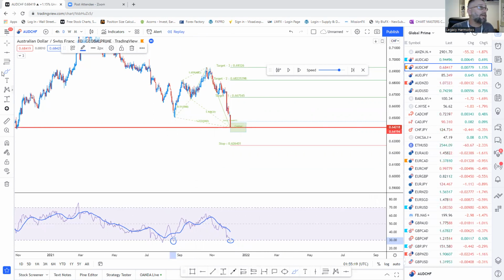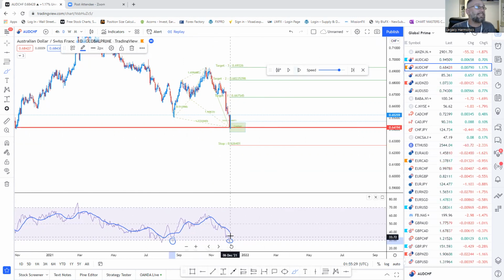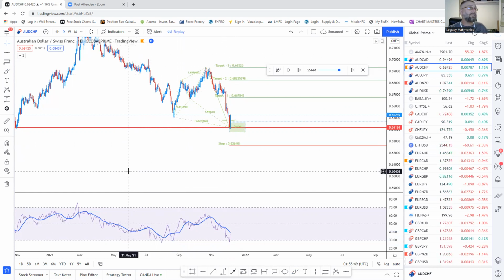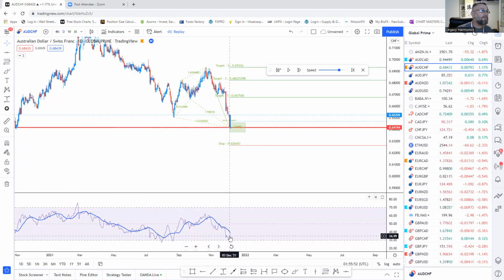Number three is I want this to come back in to the purple box. So let's see what happens on the second candle. Boom, there we go. We've closed into the purple box here. Now, an aggressive trader can take it at the close of the second candle, to get it to close back in the box. A conservative trader, maybe someone who doesn't want to live life on the edge, can wait until this purple line closes above this blue line, which would be the next candle.